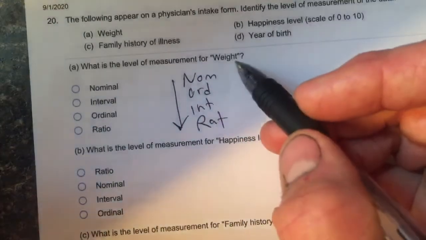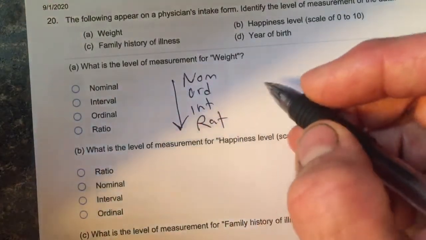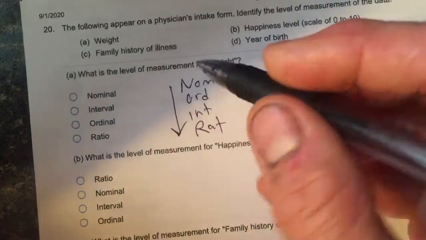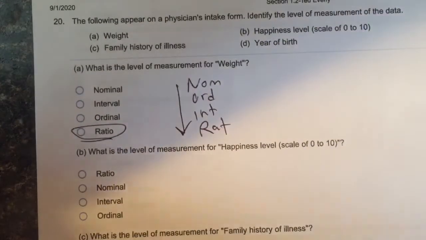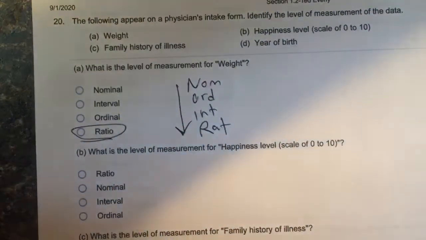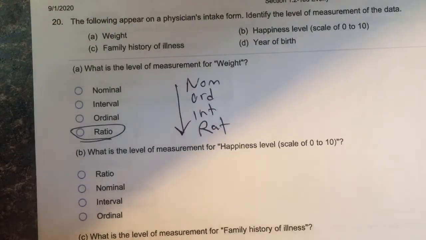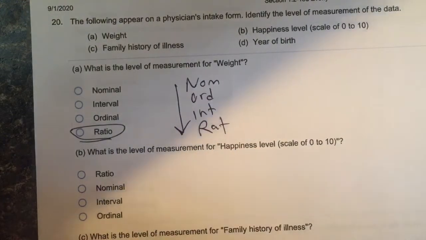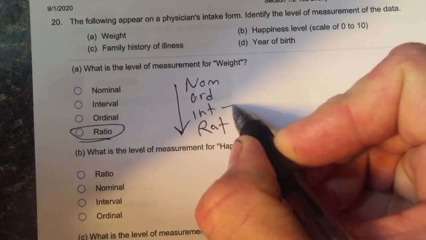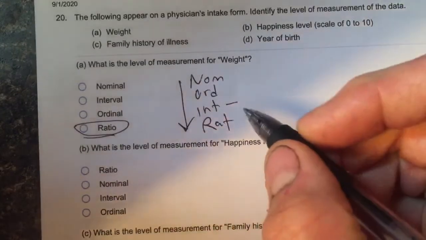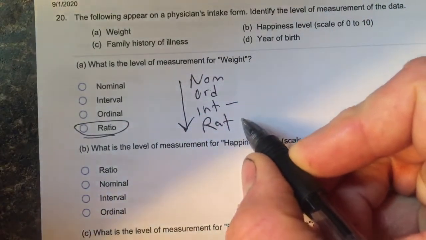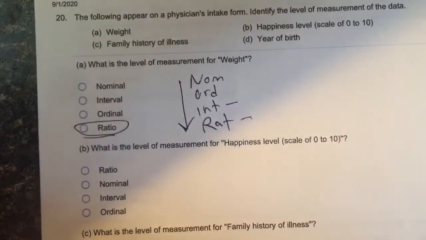Okay, well, if you have weight, you could say that one person is twice as heavy as another person. So this would be ratio. Okay, you can say, hey, this person's 50 pounds more than that person. You can subtract, which makes it interval, but you can divide them to see that someone weighs twice as much as a person, so that's ratio.